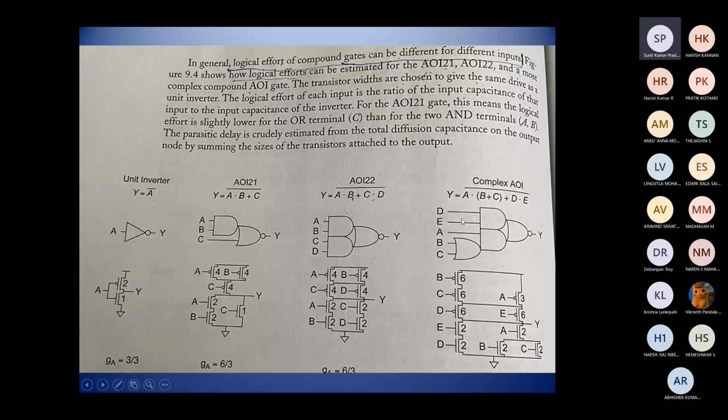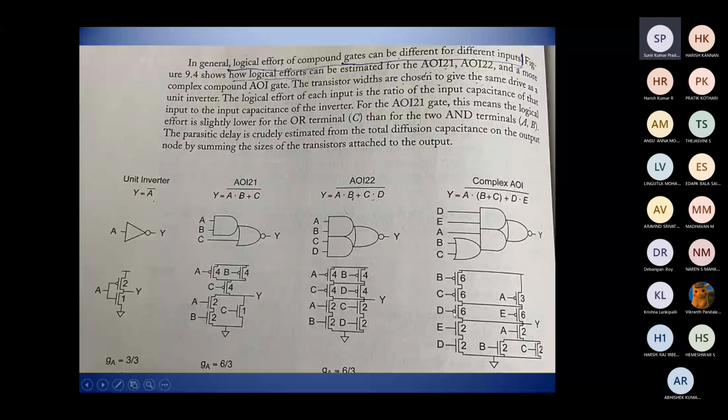This compound gate can be implemented using a CMOS diagram. You can see here the way we can represent this logic equation. This PMOS is connected in parallel, and another PMOS is connected in series, B and C. A is connected in parallel with B and C. Again, D and E are parallel to each other.